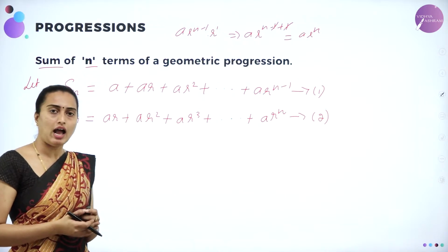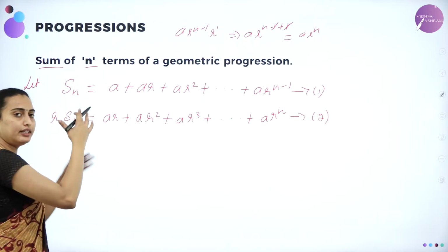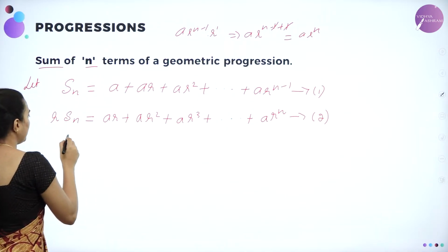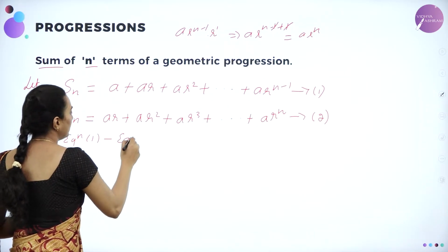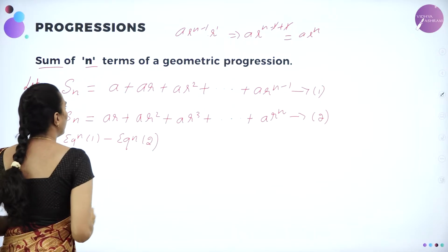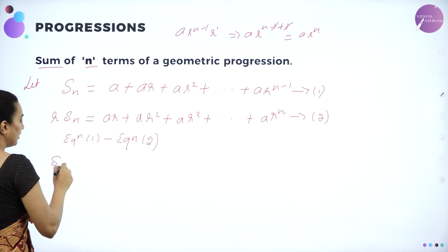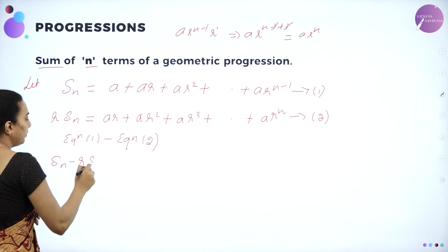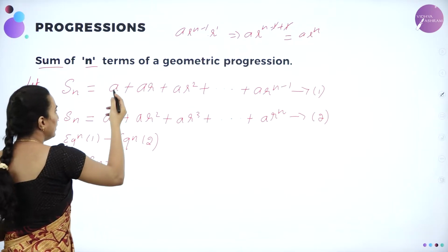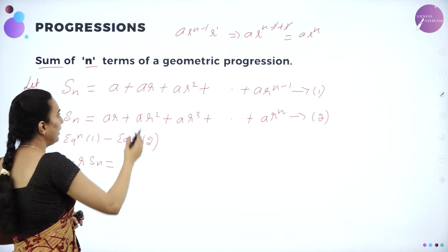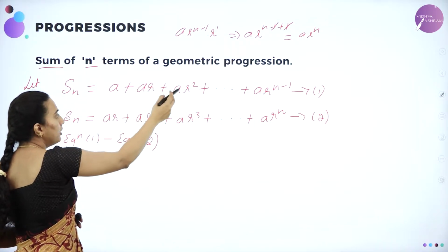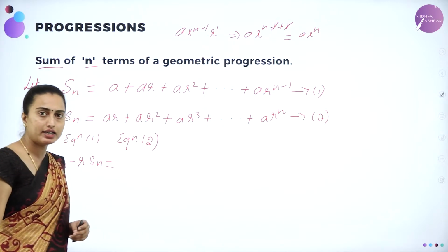Now here I am going to subtract equations 1 and 2, that is equation 1 minus equation 2. What will it give you? Sn minus r into Sn, which implies you can see here A minus AR, then plus AR minus AR, plus AR squared minus AR squared.